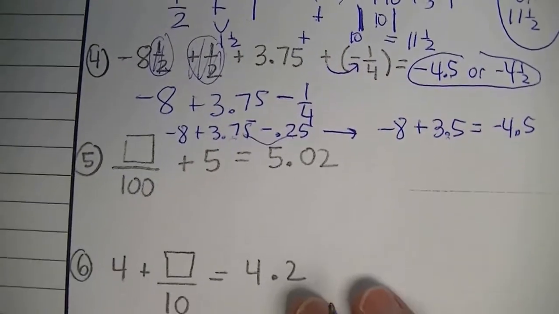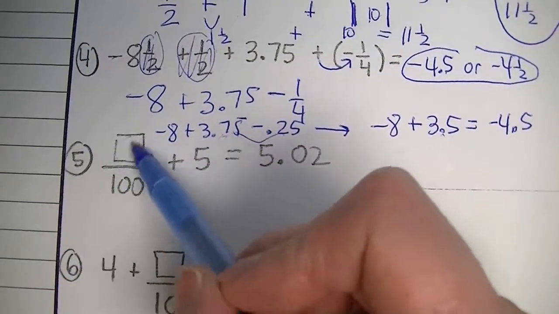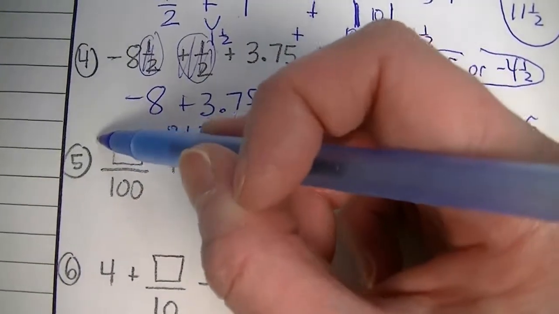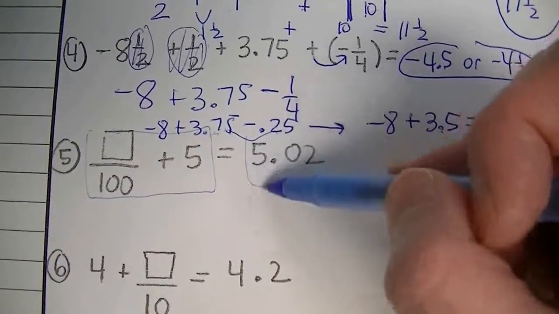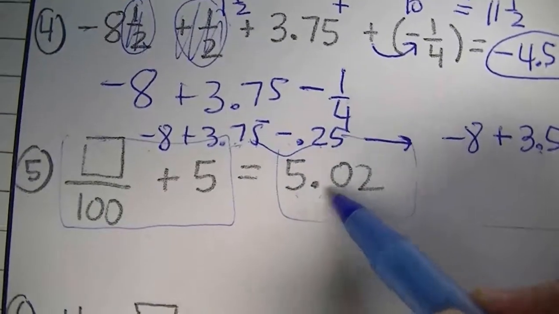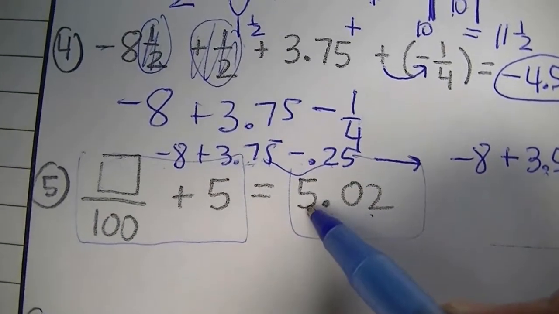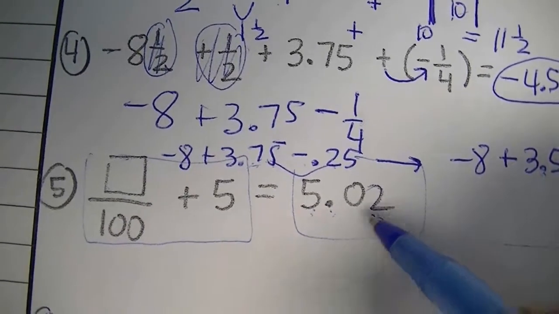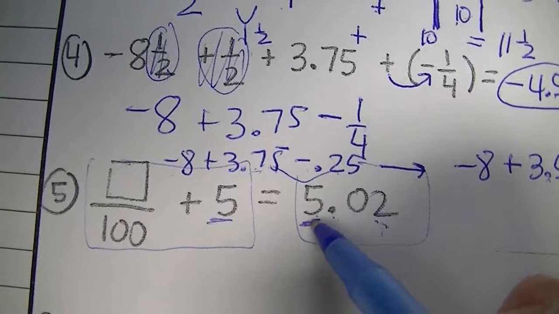All right, this one, you'll see that there's a missing numerator right here. So I know within the definition of equation, this whole side has to equal this whole side. Well, this is 5 2/100ths. You say it correctly, 5 and 2, and that's the hundredths place. Hey, look, there's a 5. There's a 5. So those match.